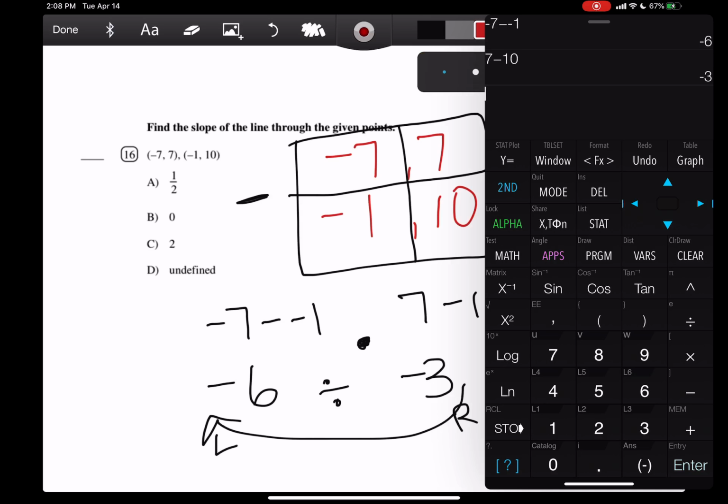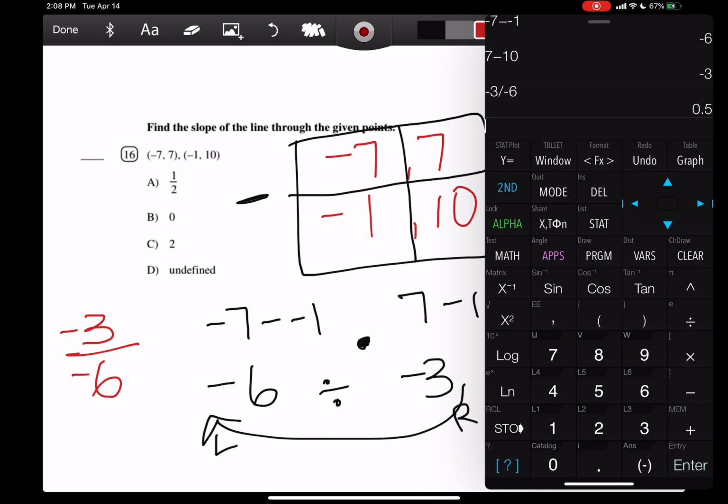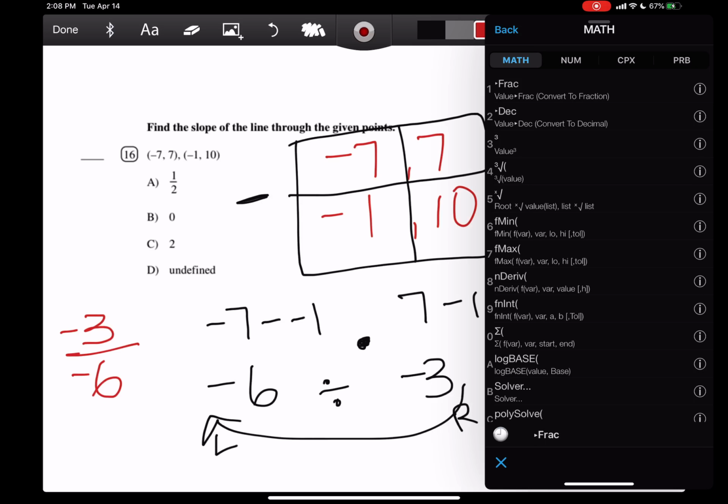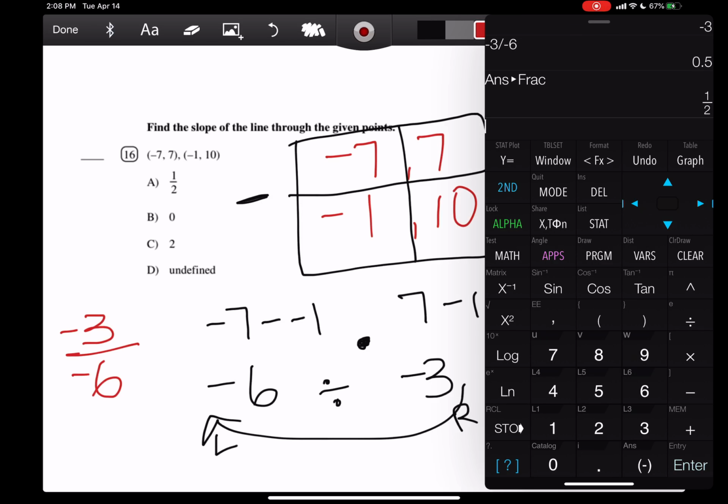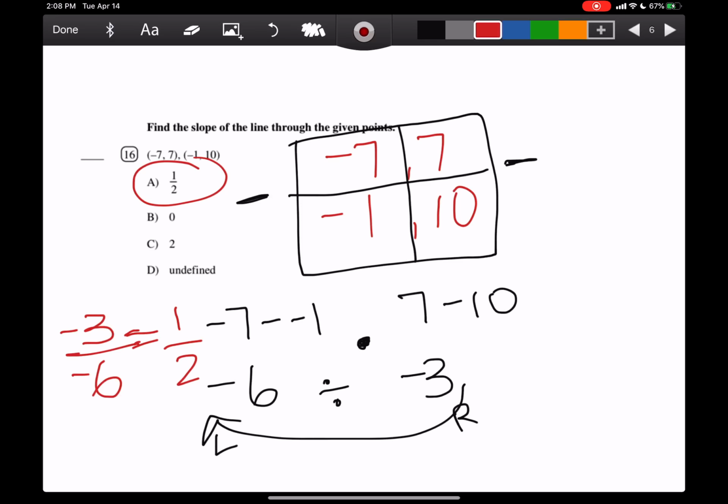So that means -3 divided by a -6. So -3 divided by a -6 will give you +0.5. Convert the fraction. Math, option 1, and enter, which will give you a +1/2. So our answer in this case would be A. All right, moving on.